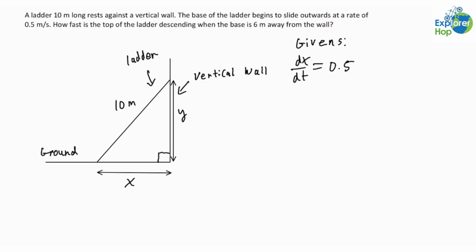And we want to know how fast the top of the ladder is descending, which is the derivative of y with respect to time. So we want to find dy over dt when the base is 6 meters away from the wall.